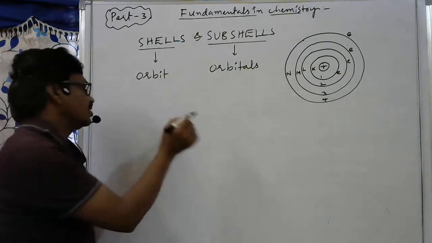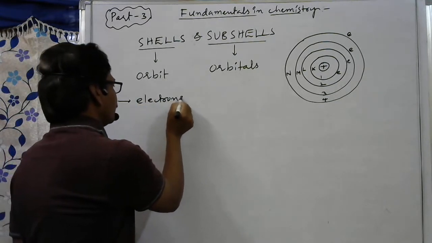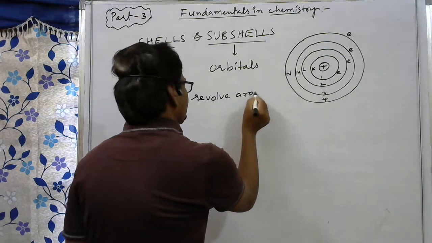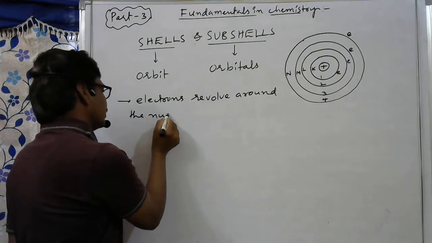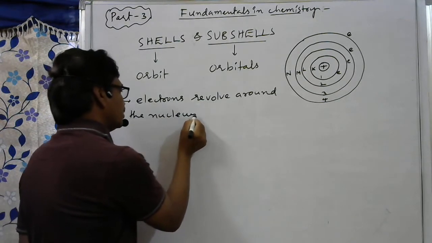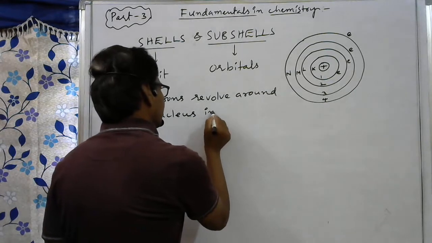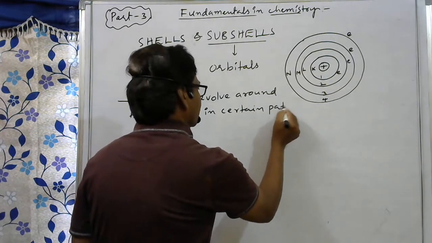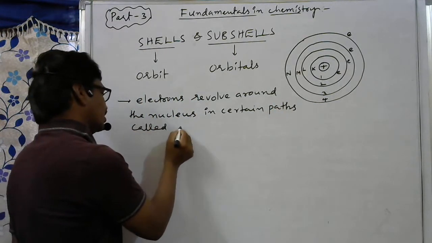Electrons revolve around the nucleus in certain paths called orbits.